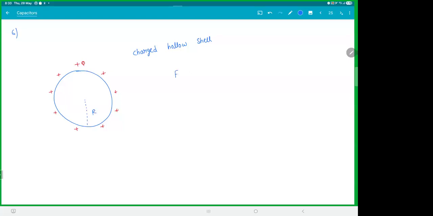So find the ratio of energy stored from x is equal to r to x is equal to 2r and x is equal to 2r to x is equal to infinity.